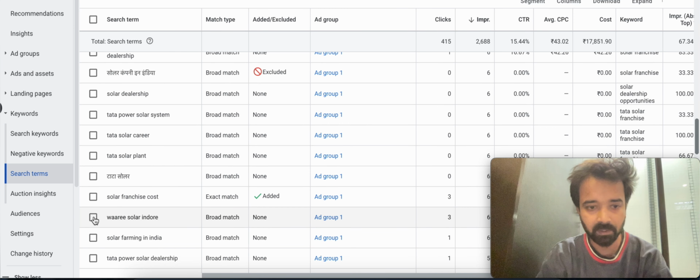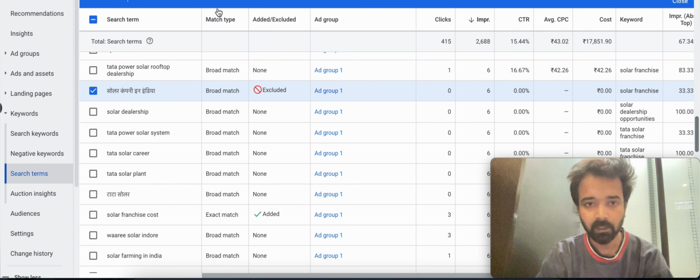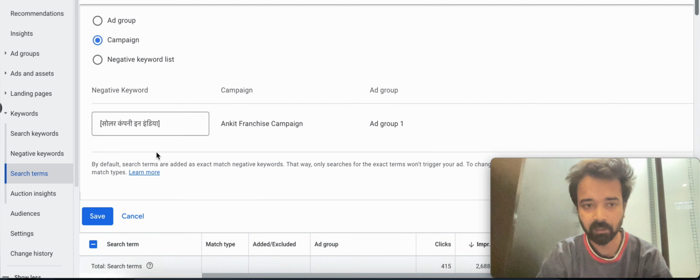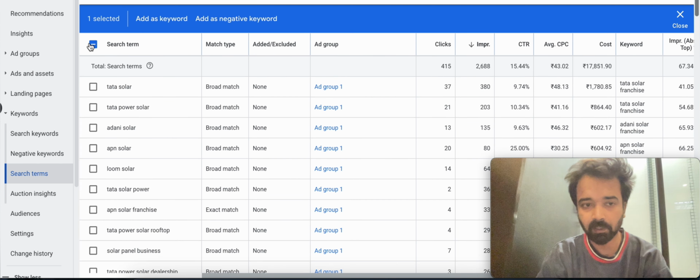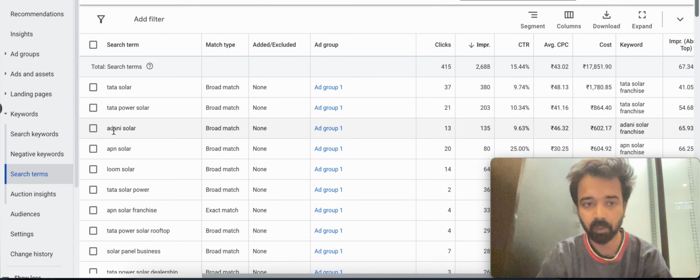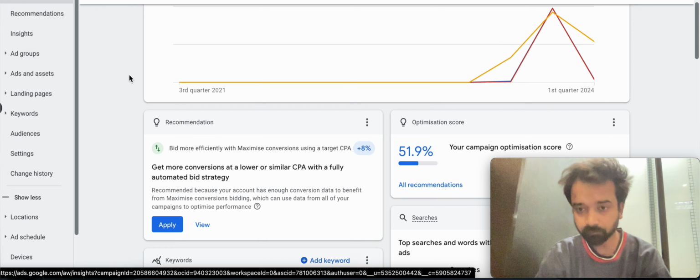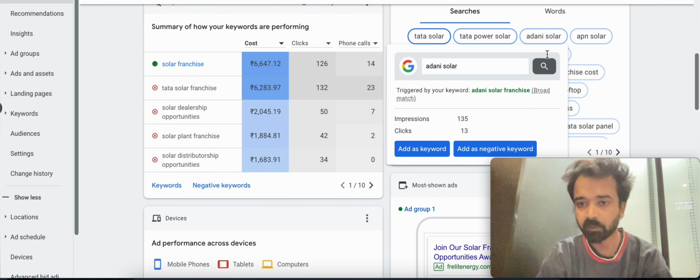For example, if this keyword is a bad keyword, a bad search term that we don't want to target, what we'll do is add it as a negative keyword at campaign level and click save. That's how we filter out all the search terms, so that whatever search terms you get are the targeted ones. So you always have to focus on your search terms.